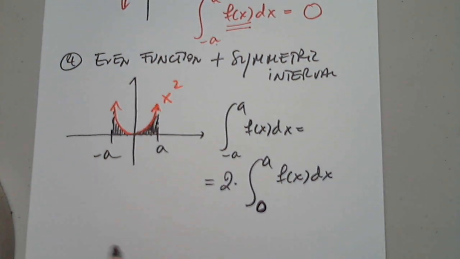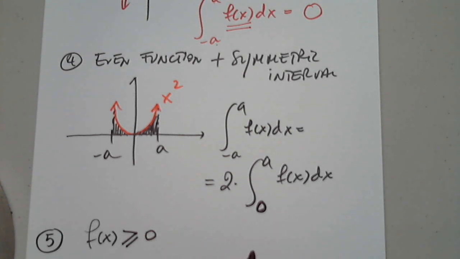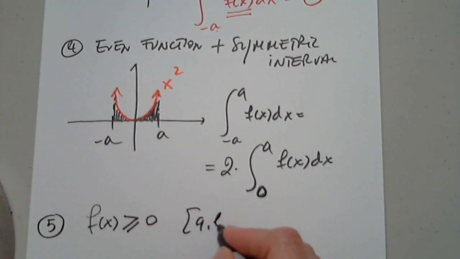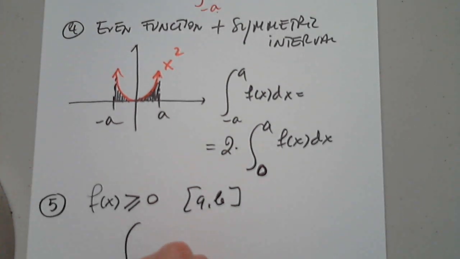Awesome. Number 5. If the function is a positive function on the interval a comma b, what do you think for sure the integral from a to b of f of x dx must be? What do you think about the integral, the area under the graph between a and b?